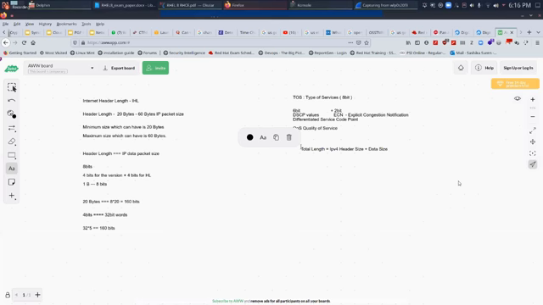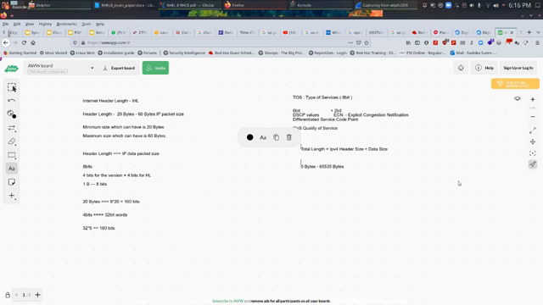Right. When you're dealing with this environment, you need to keep in mind the total length might vary from 0 bytes to 65,535 bytes. That is the maximum size.